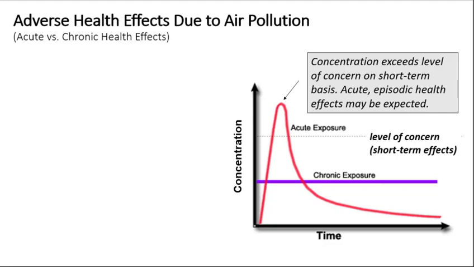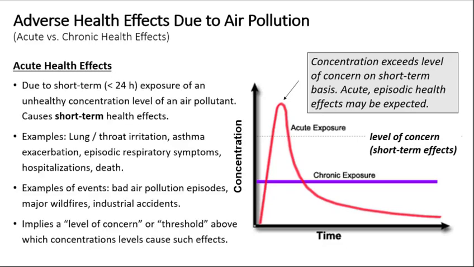With this lead up, we can now make some explicit points about acute health effects and exposure. First, acute health effects are due to short-term exposure, generally less than 1 day in duration, of an unhealthy concentration level to an air pollutant. This causes short-term health effects.